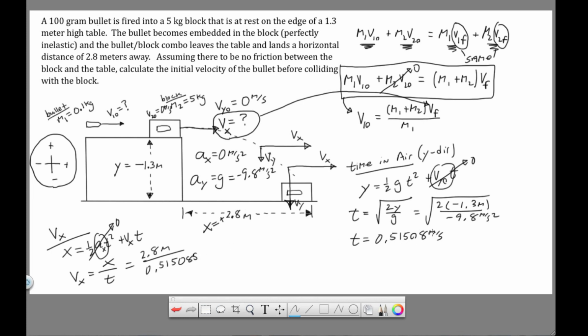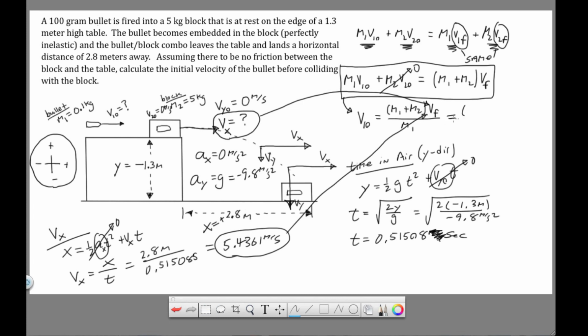Oops, I made a mistake over here, that should just be seconds. So the x velocity as the bullet-block combo leaves the edge of the table is 5.4361 meters per second. And this gets plugged in up here, so that's our final velocity immediately after the collision.